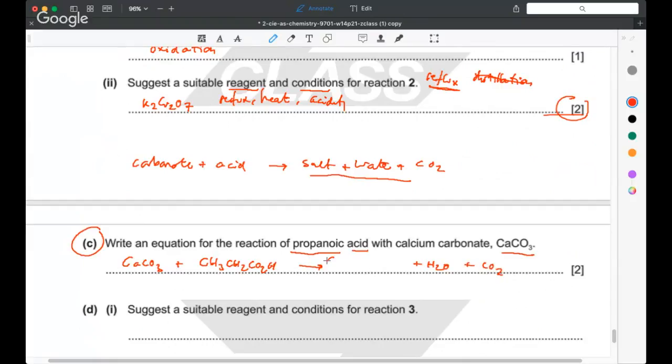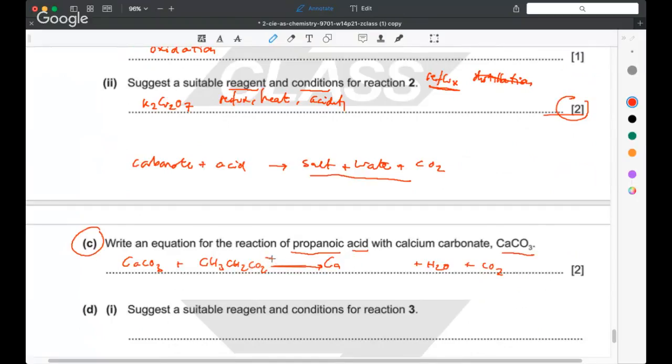And the salt that you make, remember that calcium is calcium 2+, and the anion that you get, the conjugate base from this propanoic acid, it's a monoprotic acid, isn't it? So the anion is that anion.